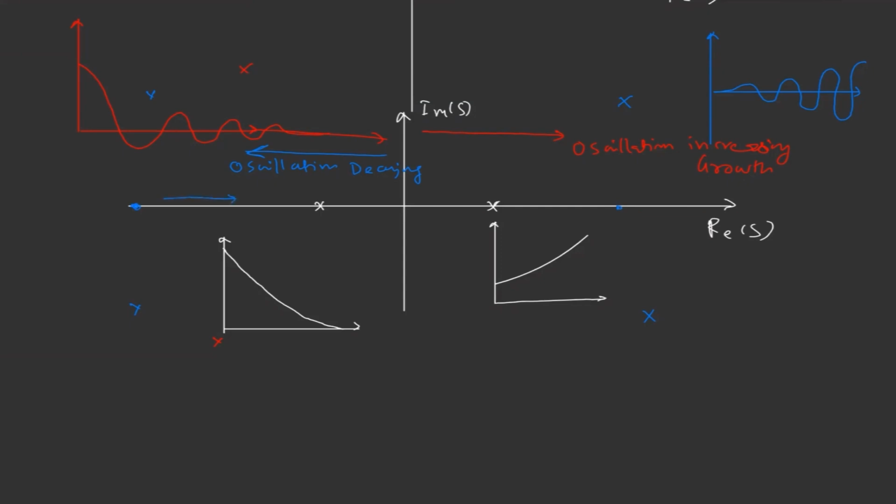So if the negative real part is increasing, the oscillation will decay very fast.